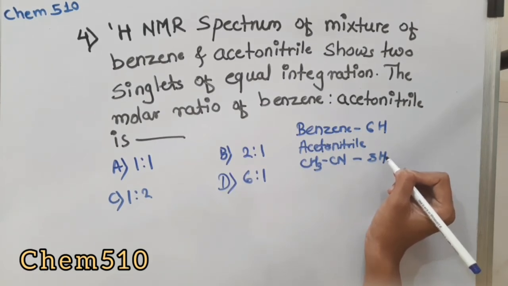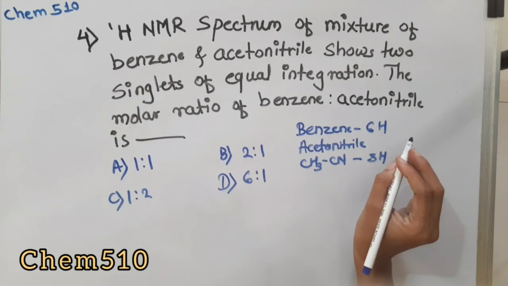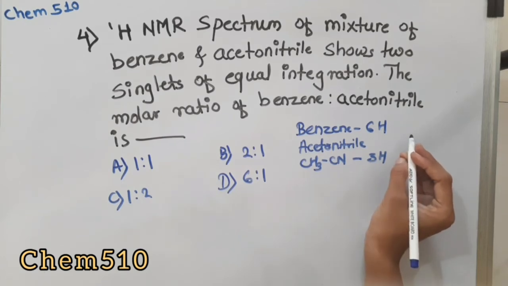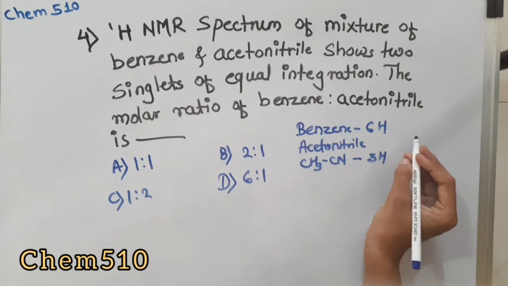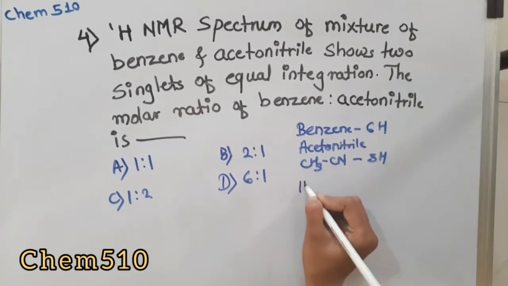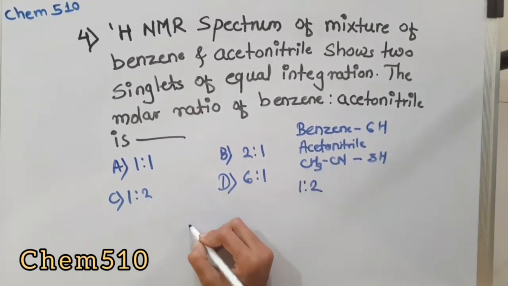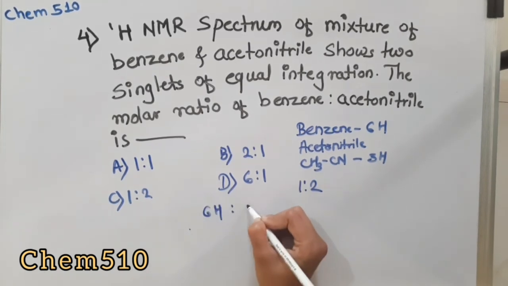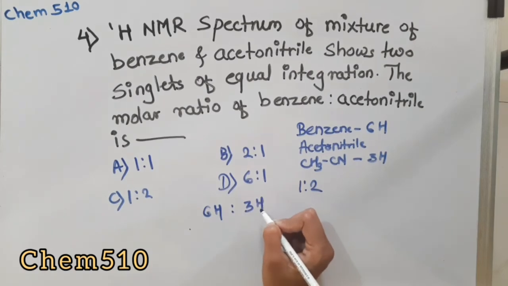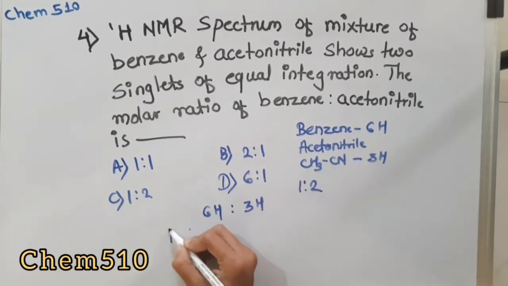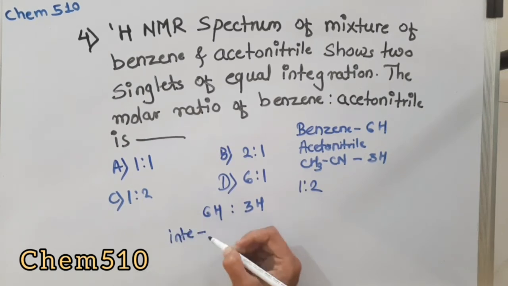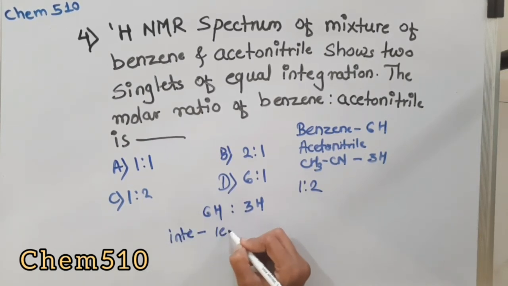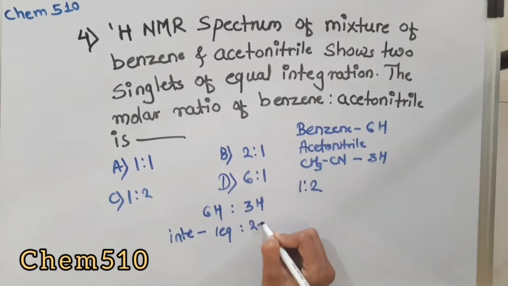So the molar ratio of benzene and acetonitrile is 1:2, because benzene has 6 hydrogen as to 3 hydrogen, for equal integration.